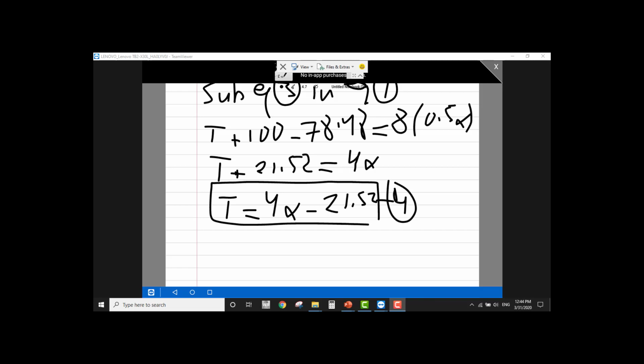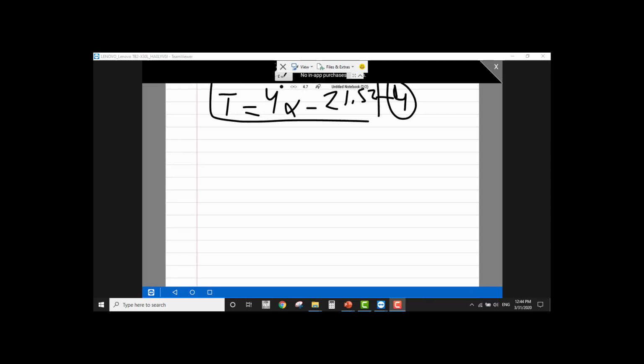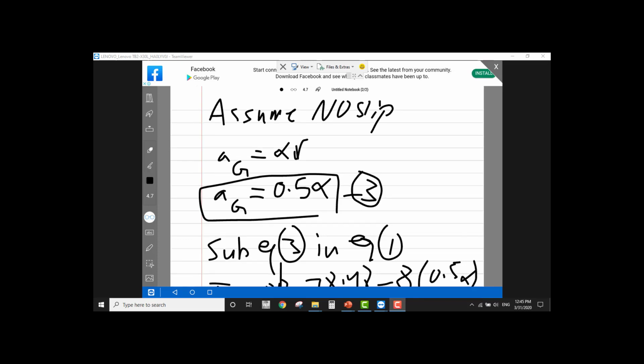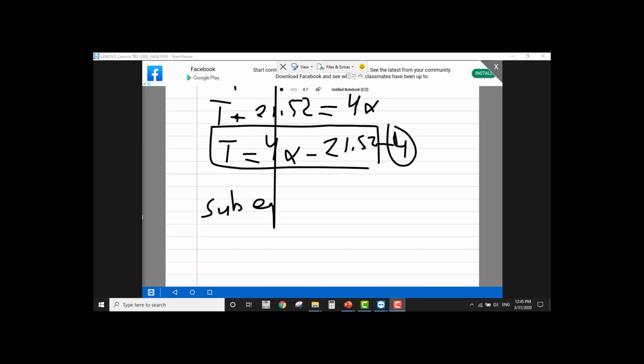Now what we'll do is substitute equation 4 in equation 2.